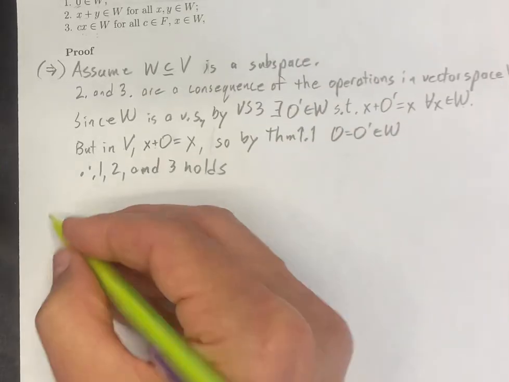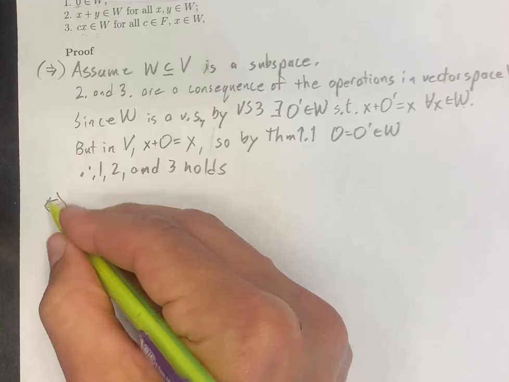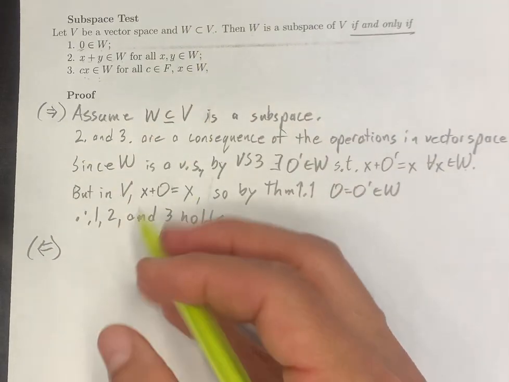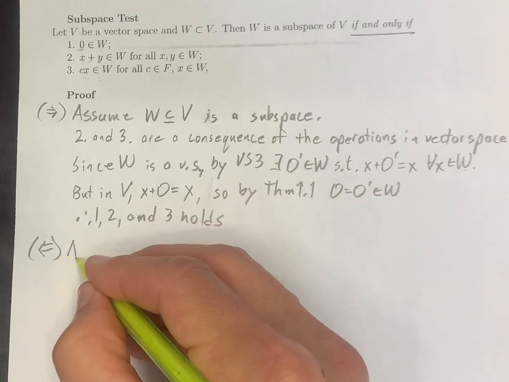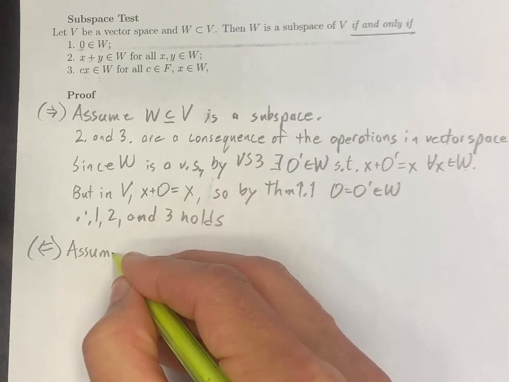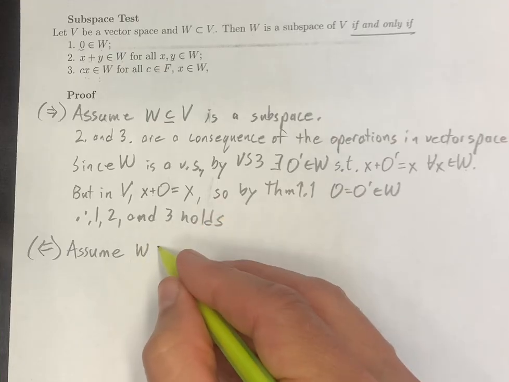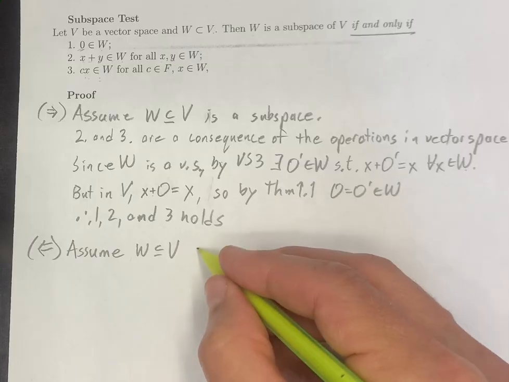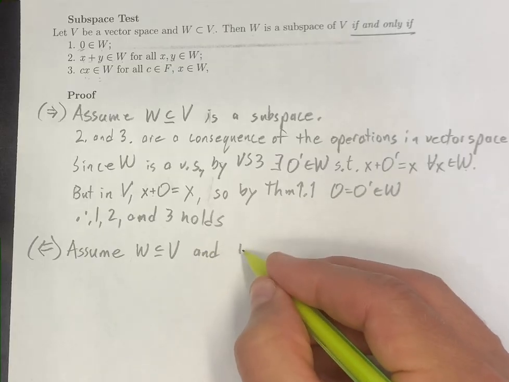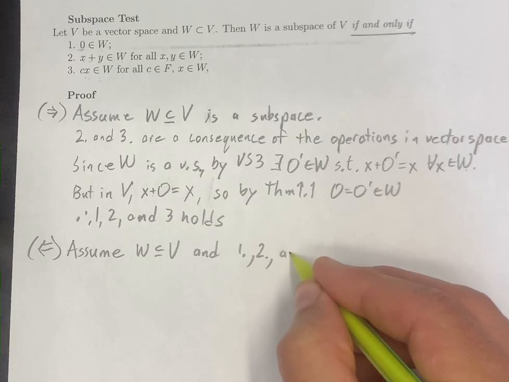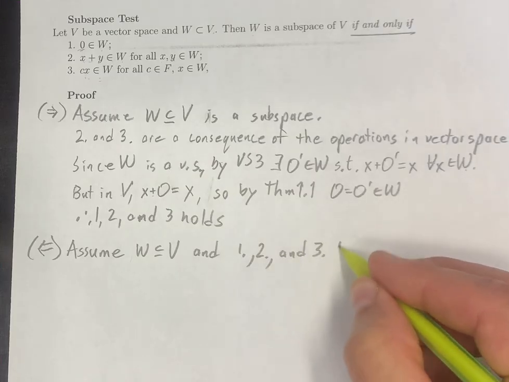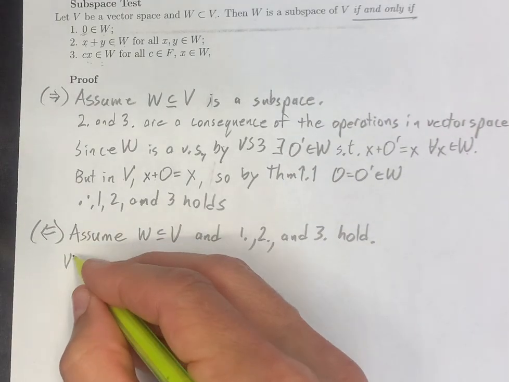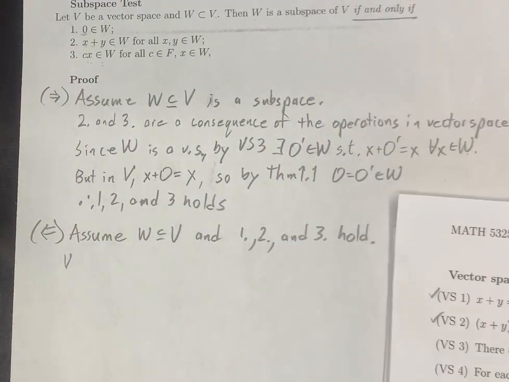Okay, let's go back real quick. Now, let's assume we have a subset W of a vector space, and 1, 2, and 3 hold. As we mentioned before, we have to see, is it now a subspace?